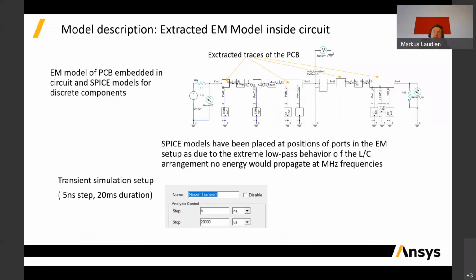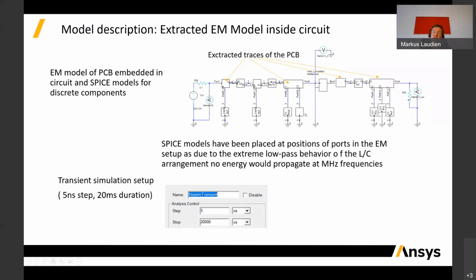And as I mentioned, especially for the very large shunt capacitors, it's helpful to have these LC elements or the capacitors not directly inside the electromagnetic model, because this would cause almost a short circuit, and to keep them externally.